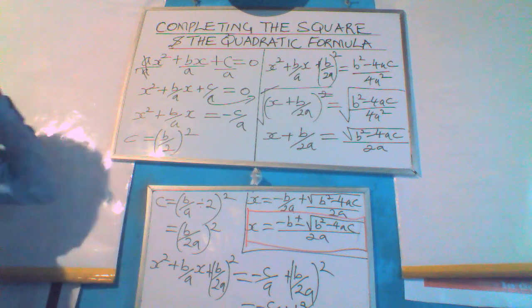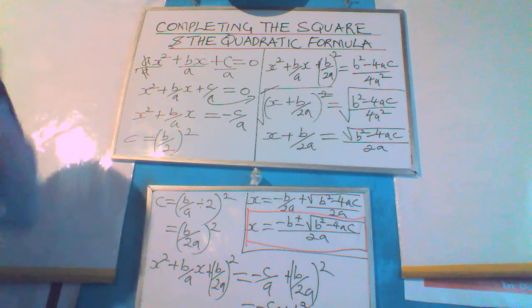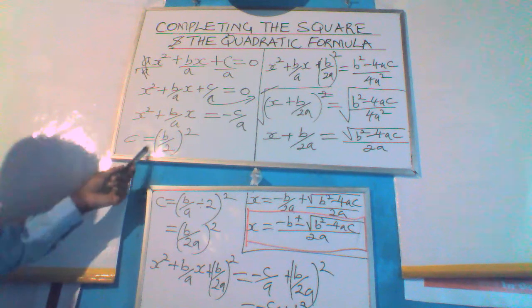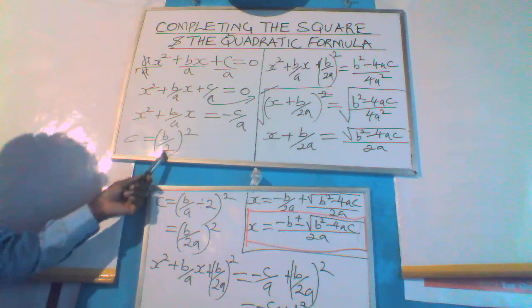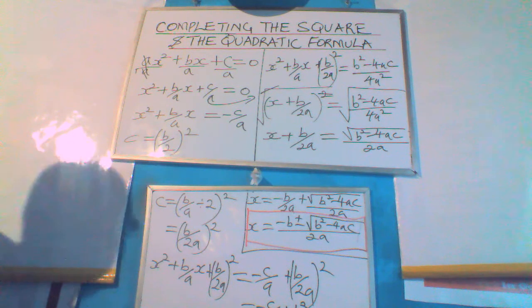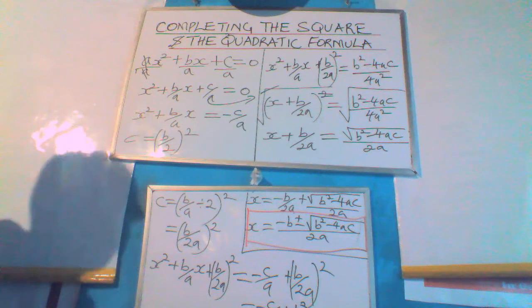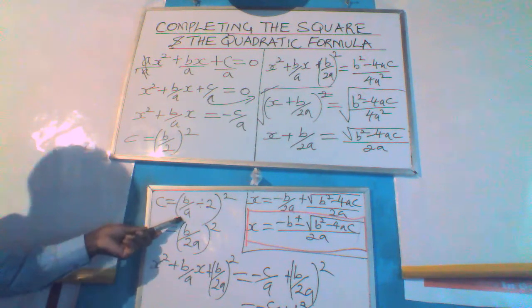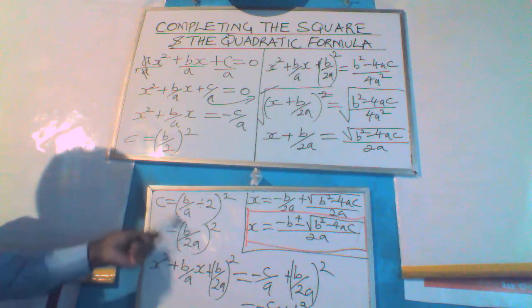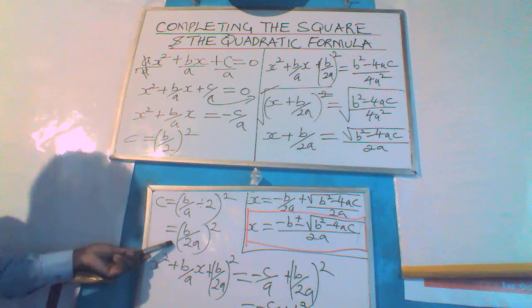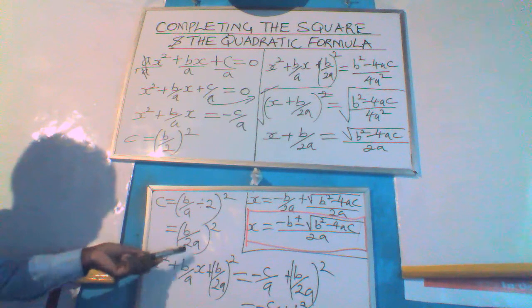The third step is introducing a new constant, which is represented by (b over 2) squared, where b in this case is the coefficient of x. In our case, the coefficient of x was found to be b over a. So we took b over a divided by 2, all squared, which translated into (b over 2a) squared.